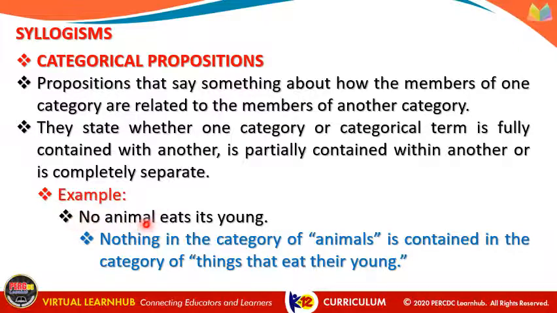No animal is found within anything that eats its young. So we are relating the category of animals to the category of those that eat their young, and we now see from here that there is no animal that is contained within this category.